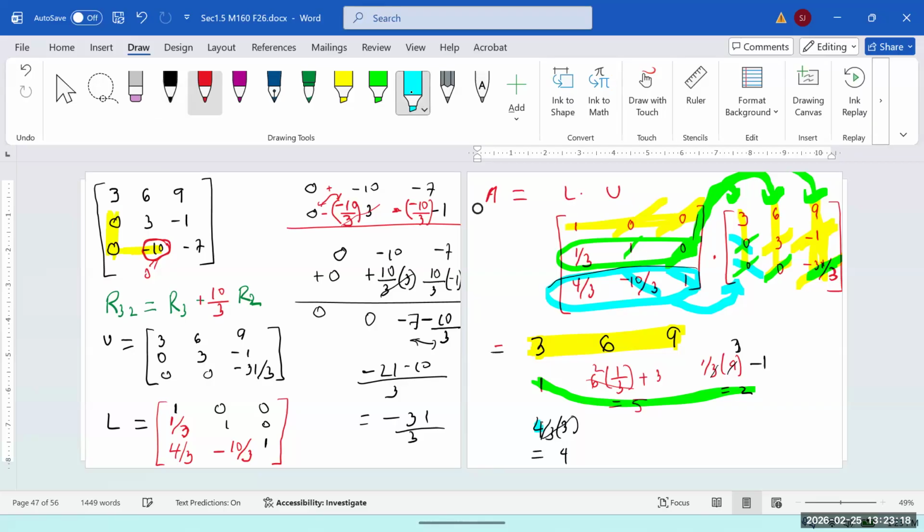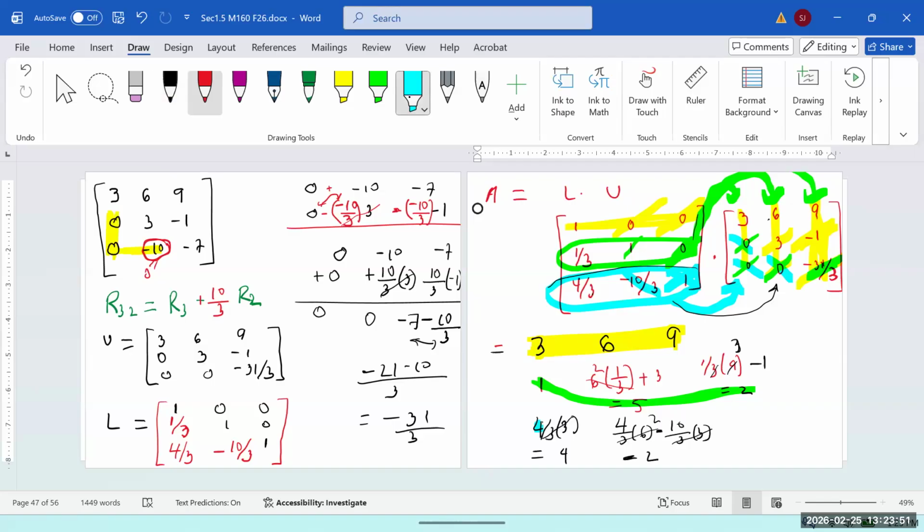Then when we multiply the second column, this 0 cancels with this 1, and we're left with 4/3 of 6 minus 10/3 of 3. The 3s cancel out. We have 8 minus 10, which is negative 2.